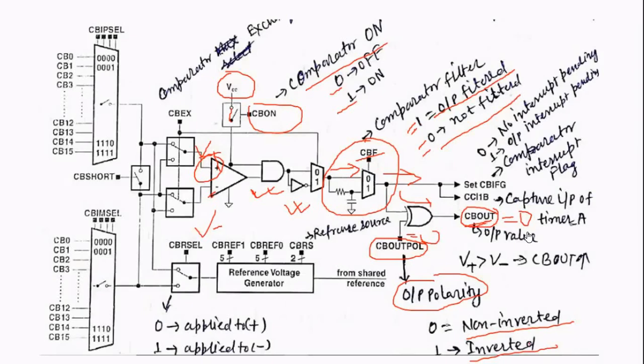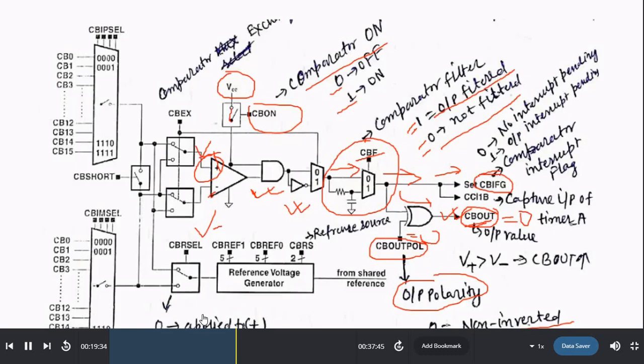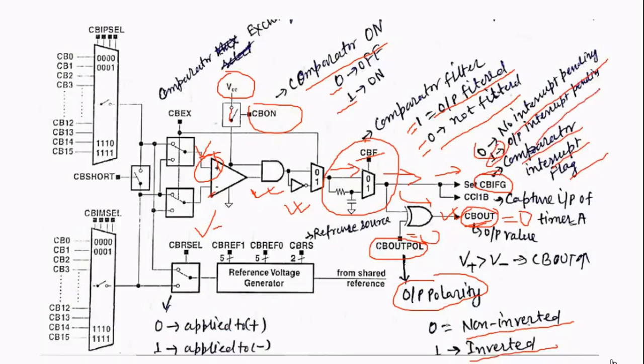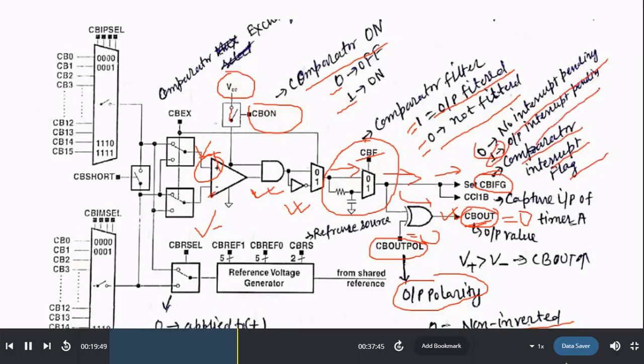Now, after getting the output from the comparator, one interrupt flag is generated, if the values are compared. After getting the value, this will be shown to the processor with the help of the CBIFG bit. The CBIFG bit is called the comparator interrupt flag bit. If it is 0, it means that no interrupt is pending. If it is 1, it means that an output interrupt is pending.